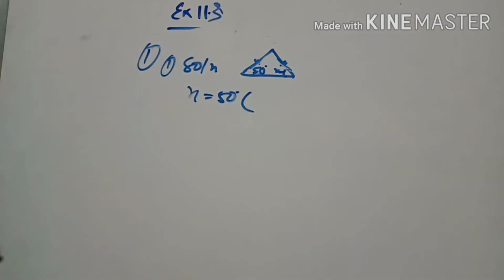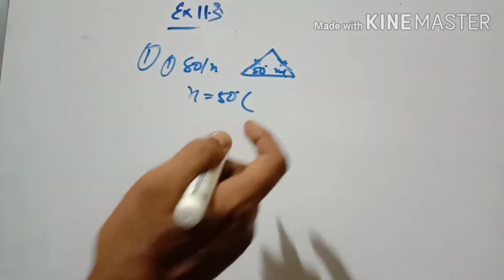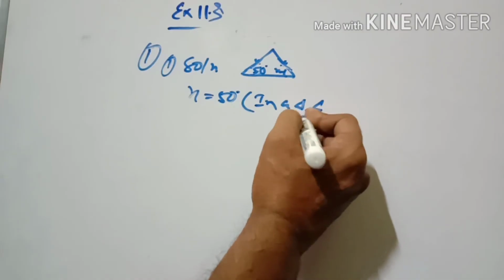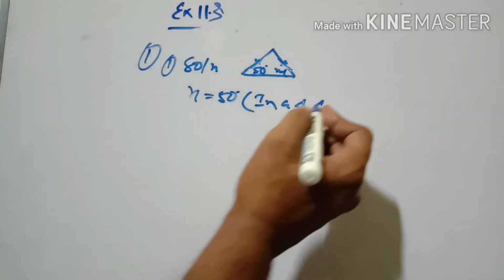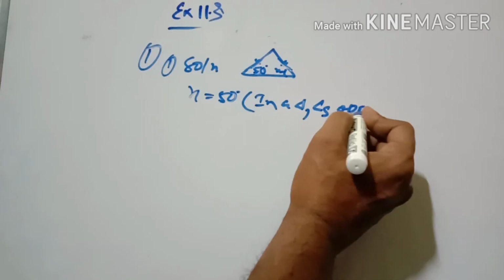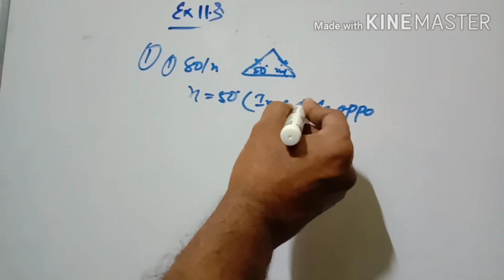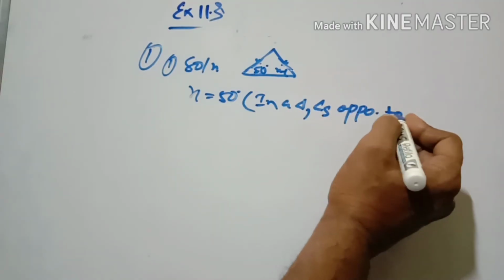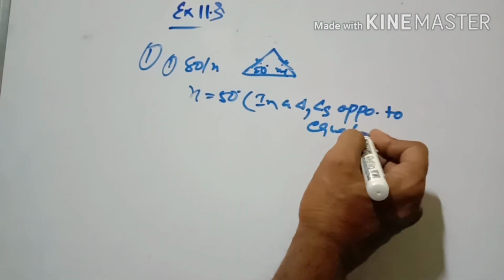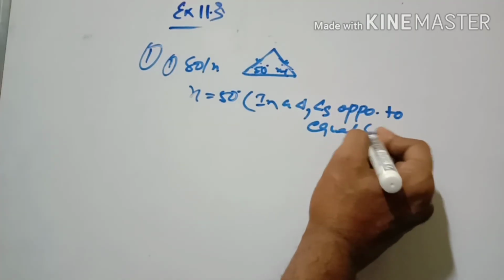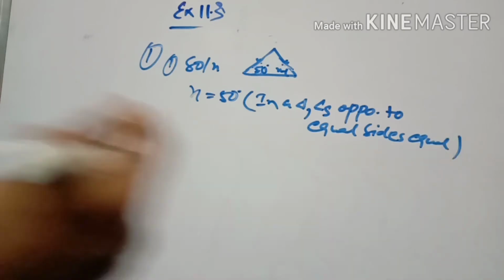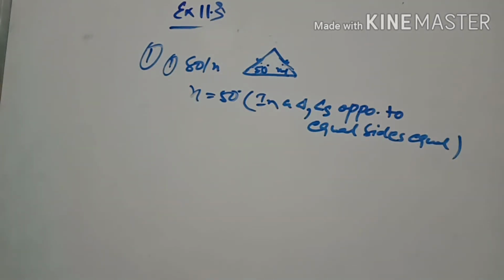It is equal because in a triangle, angles opposite to equal sides are equal. Equal sides means equal angles.